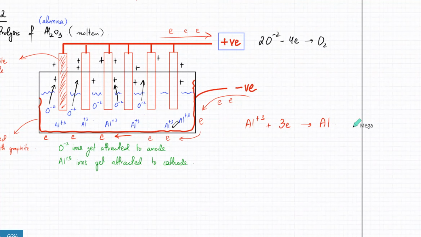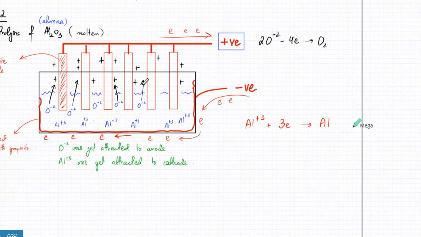So I'm going to repeat what's happening. You had Al2O3, you had aluminium ions, and you had oxygen -2 ions. One of the terminals was positive. All the negative ions got attracted to the positive terminal, and all the positive ions got attracted to the negative terminal, which was connected to the container.